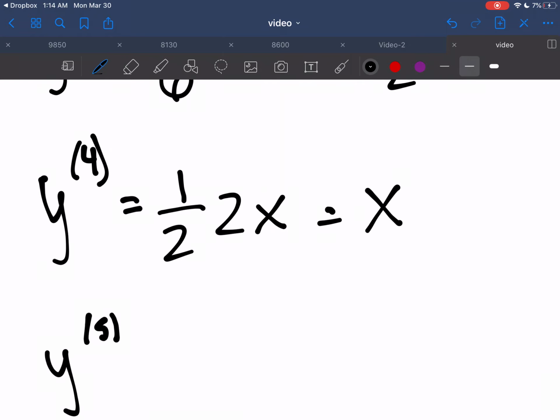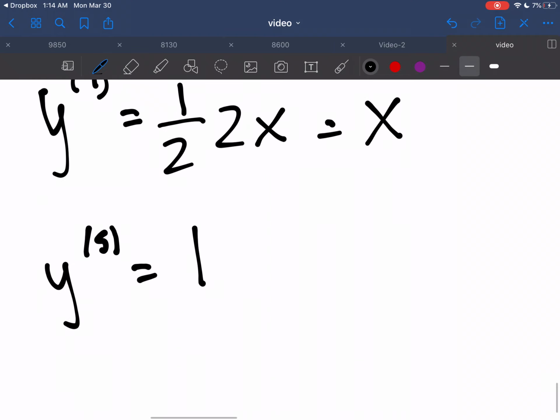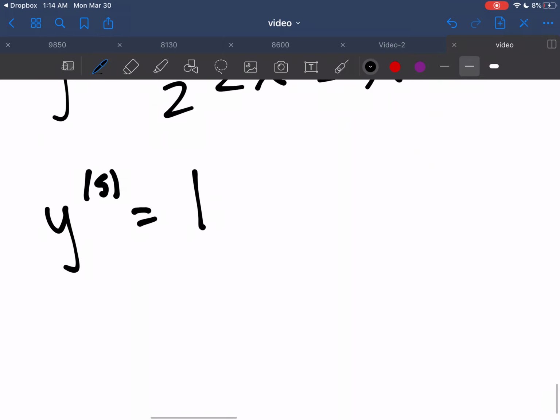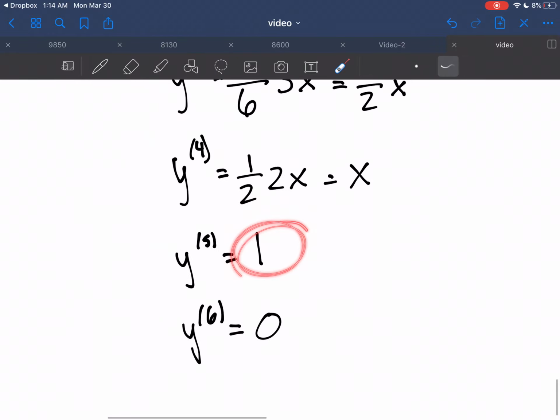Y to the 5th is just 1, because the derivative of just x is going to be 1. And y to the 6th is going to be 0, because we're taking the derivative of this constant.